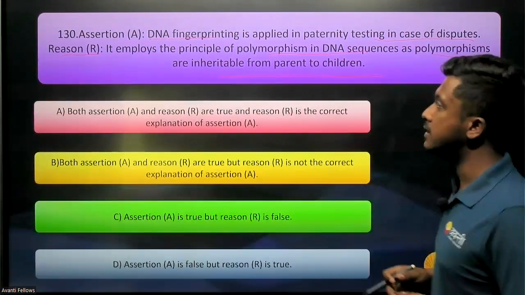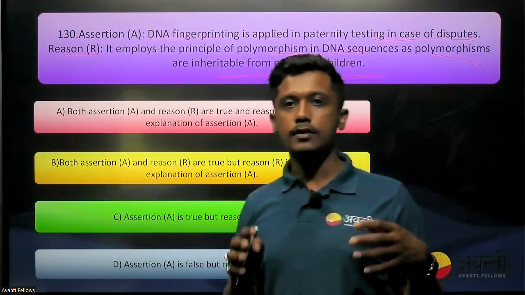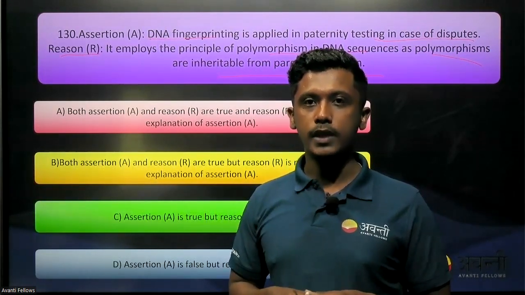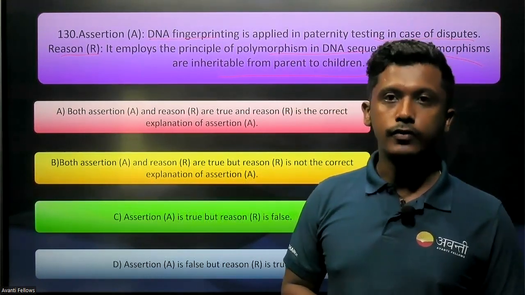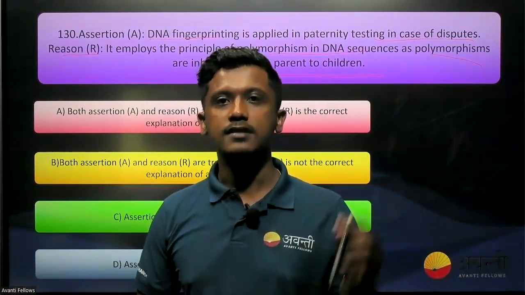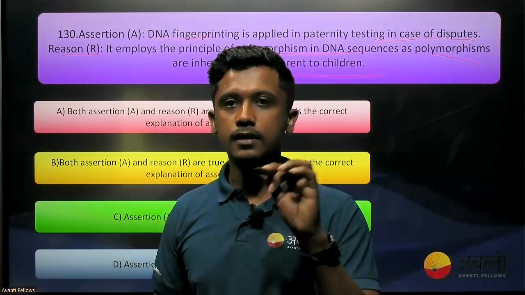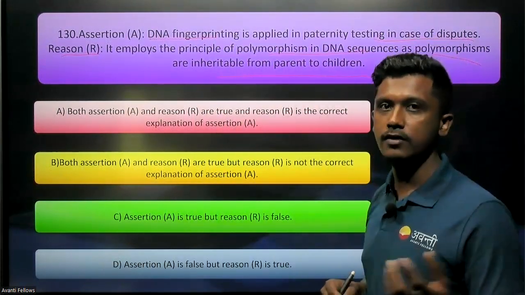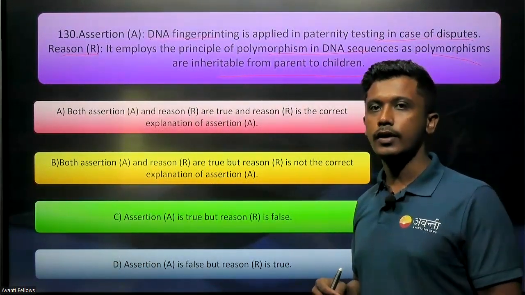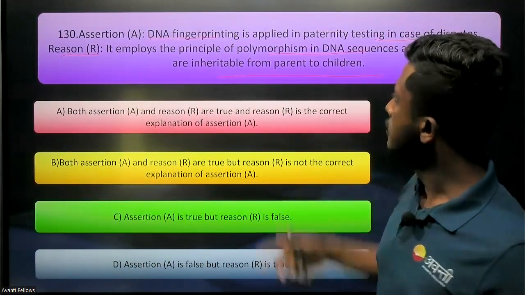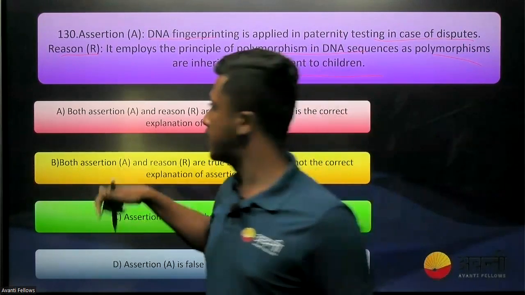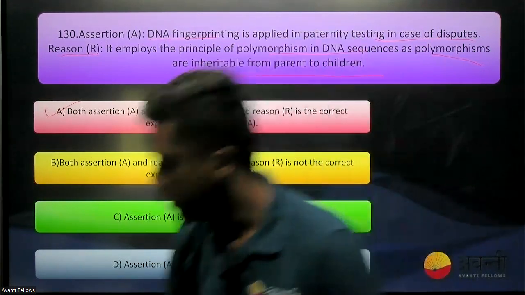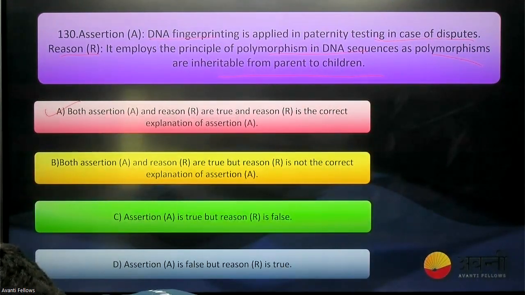Here we use the DNA polymorphs as our tool to detect similarities. These polymorph sequences are repetitive sequences, and these sequences are heritable. Since both the statements are right, we go for both assertion and reason are true, and the reason is the correct explanation for assertion.